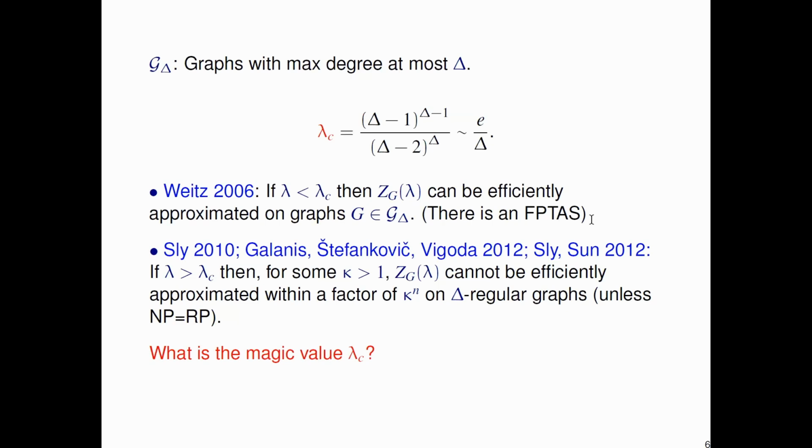So this critical value is really the truth about when you can approximate. And it's possible to really understand and make sense of this critical value, and why approximation is easy below it and hard afterwards. I want to tell you a little bit about that next.